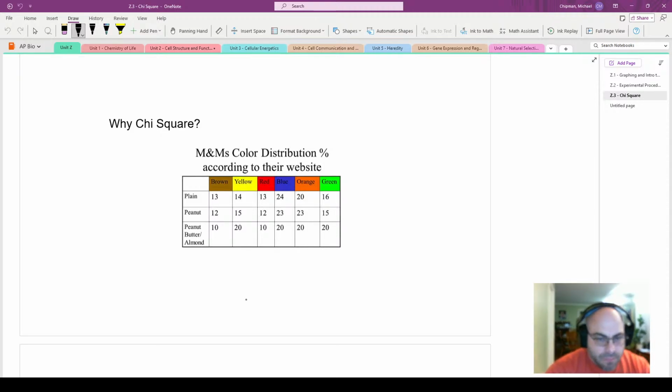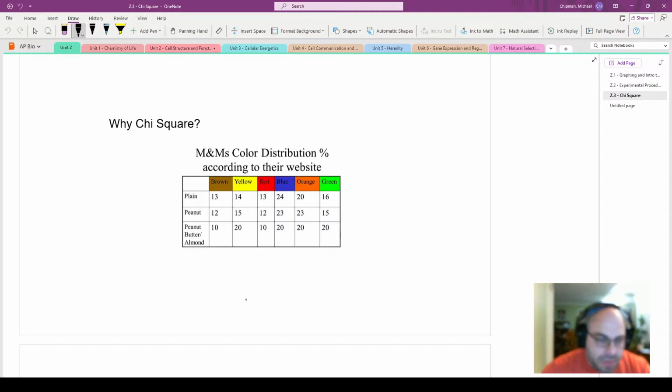Okay. So what is the purpose of chi-square? With chi-square, you're going to have an expected set of values. M&Ms are a perfect example. This is M&M's color distribution according to their website.